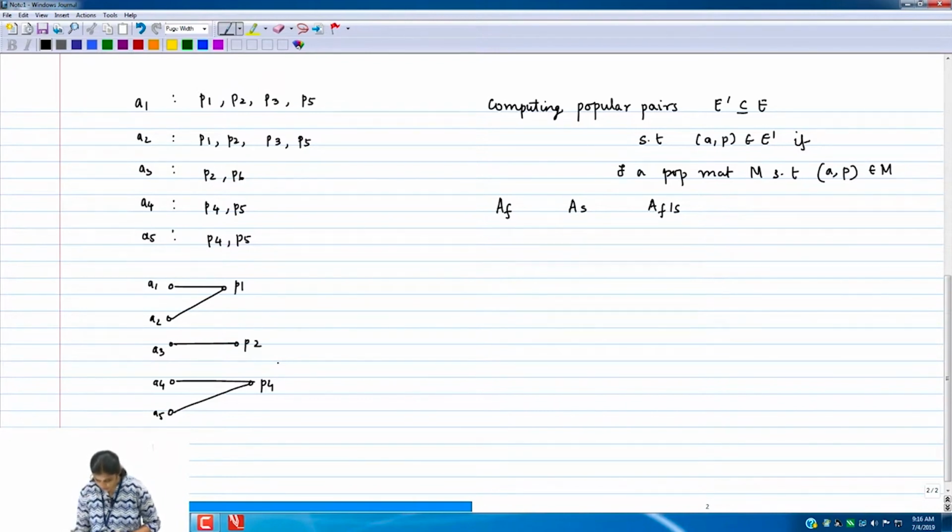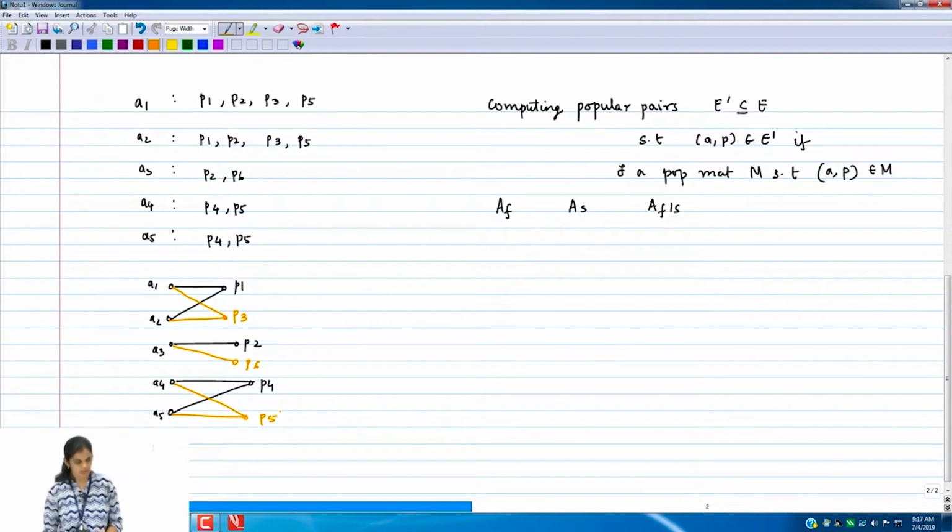So for A1, A2 it is P2, is that right? Please correct me if I make any mistake. So I will just draw the S post edges in yellow. No, it is not P2 actually, P2 won't be there, so it is P3, right. So for both of them it is P3, A3 it is P6, and A4 and A5 it is P5, right.